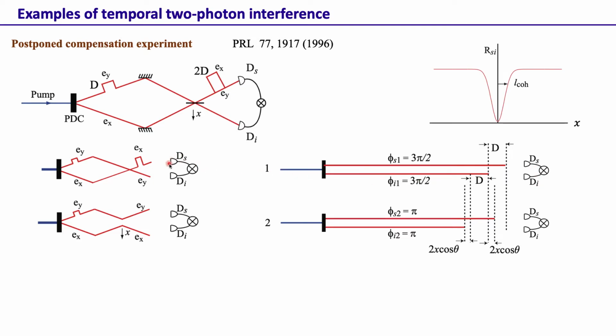Whatever comes at the signal detector is the signal photon. The photon that starts from here gets to the signal detector in this alternative, and the photon that starts from there gets to the signal detector in the second alternative. But from the detector's perspective, we call whichever photon gets to the detector the signal photon, and that's how we draw it.